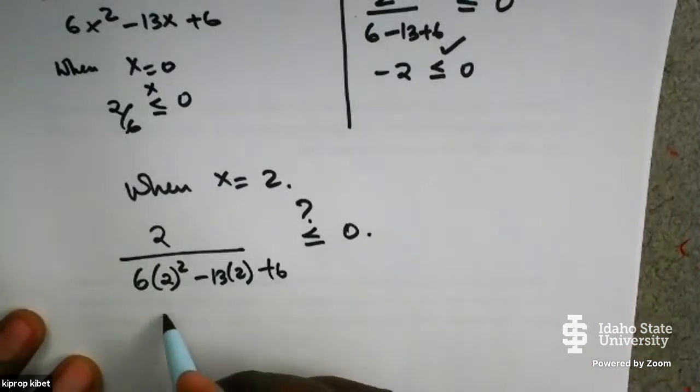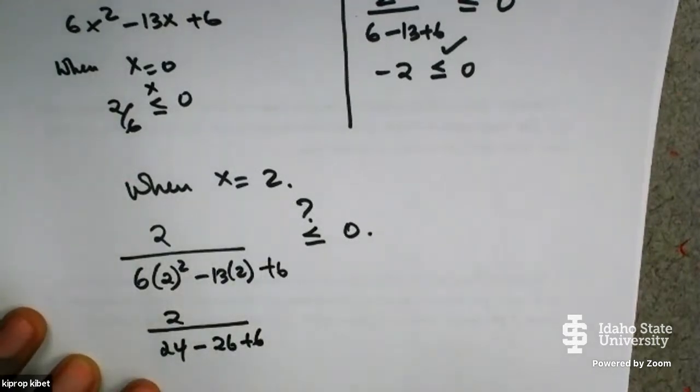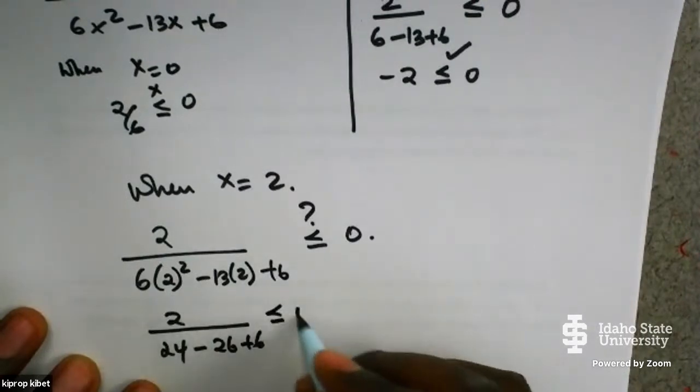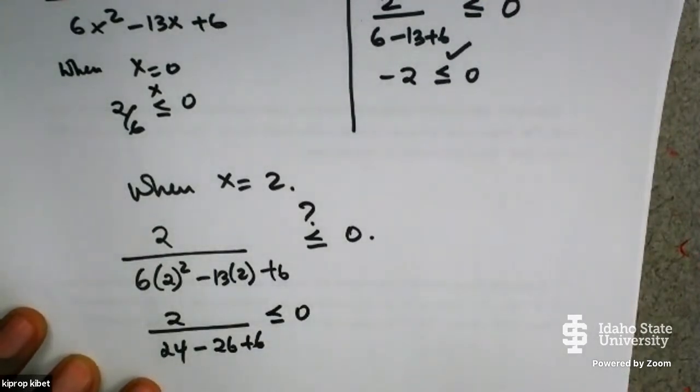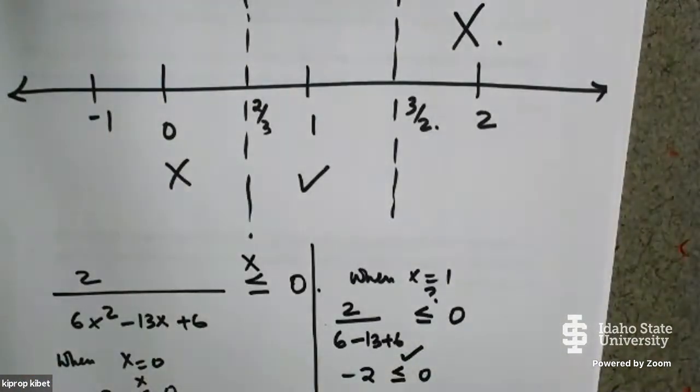So this is equal to 24 minus 26 plus 6. Is this one less than or equal to 0? No, it is not. So that means this region is not included. So what is our interval notation there?